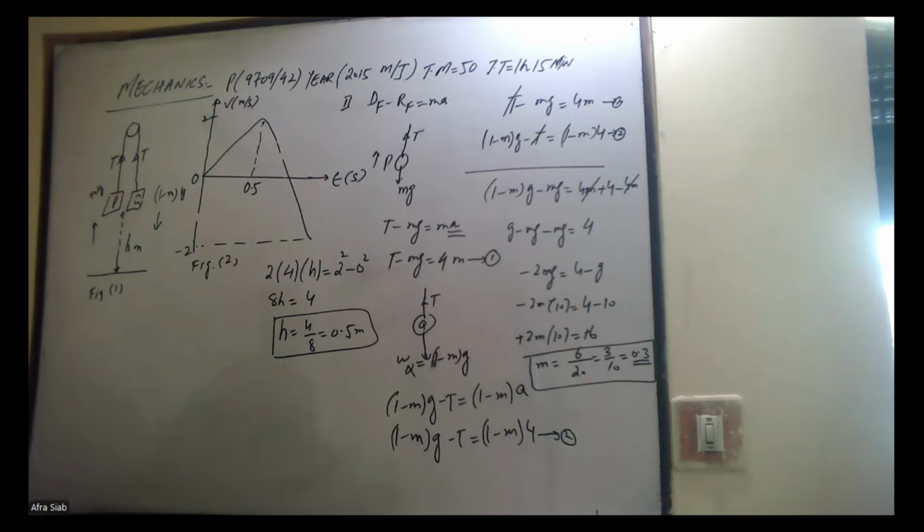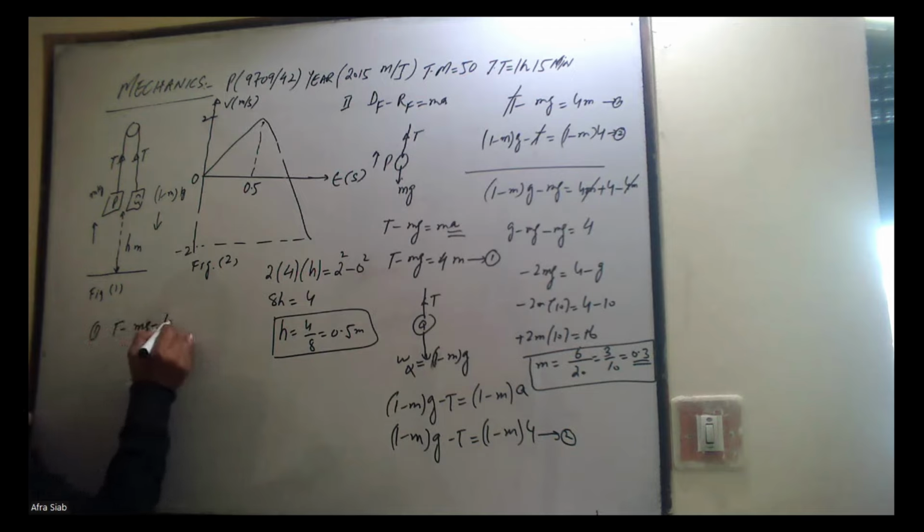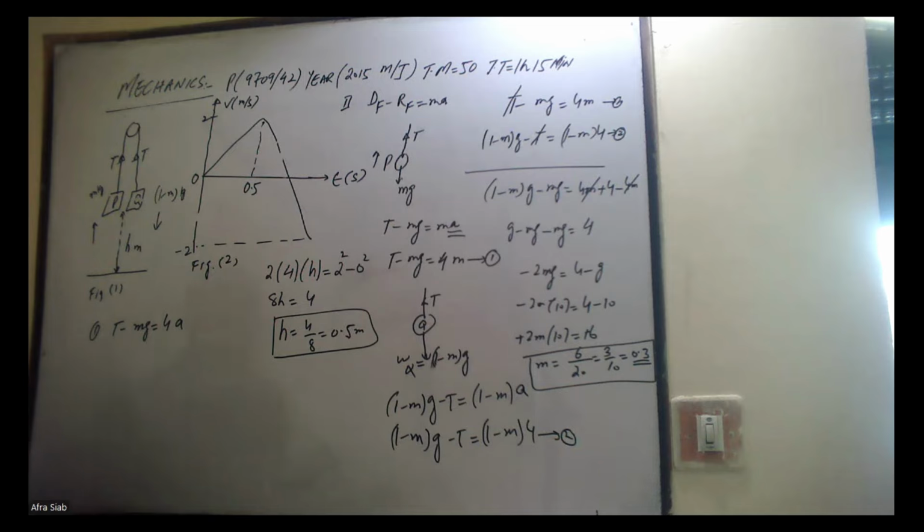We can use either equation 1 or 2. So equation number 1 says that tension minus mg is equal to 4m. So T is equal to mg plus 4m.